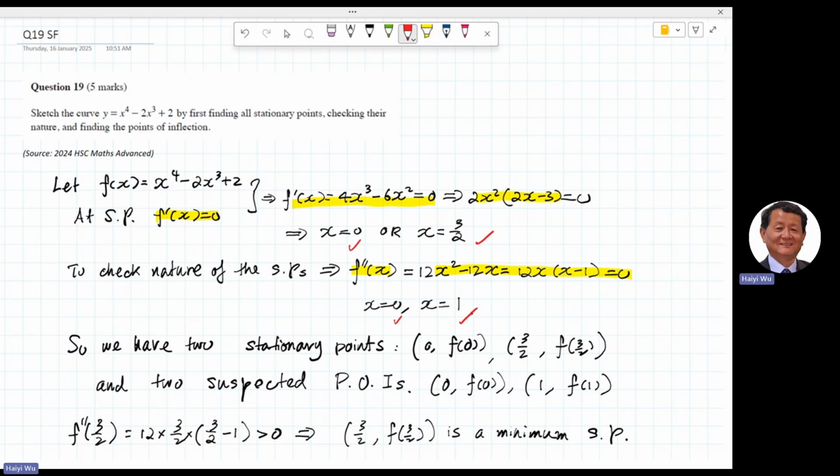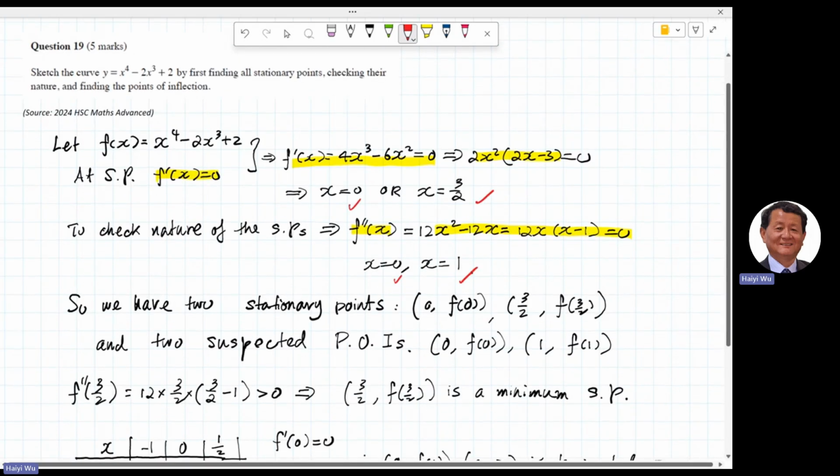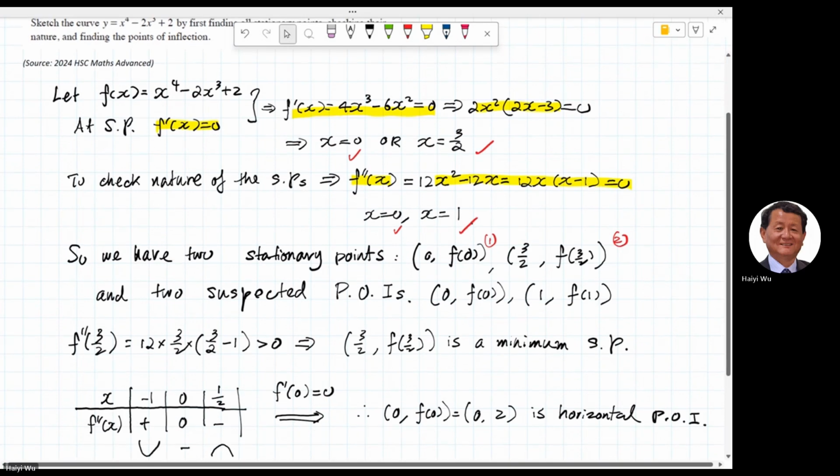The second one is 1. So now we have two stationary points, because the first derivative equals 0 at two values, that's number 1 and number 2. And also we have two suspected points of inflection.